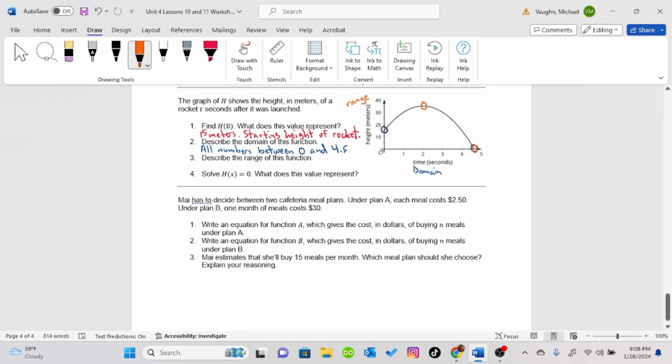So our range would be all numbers between 0 and 35.